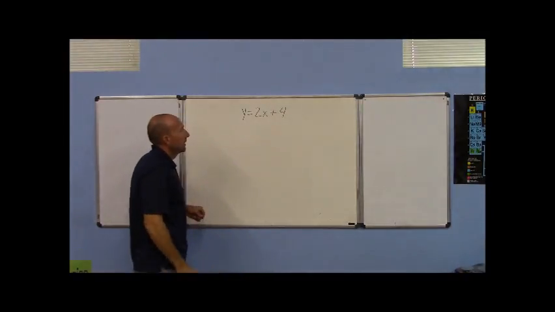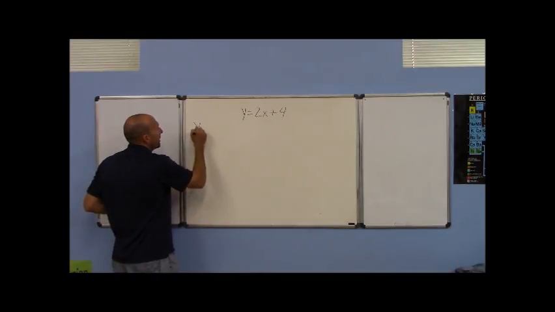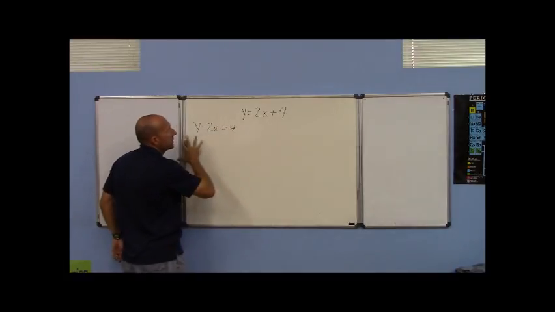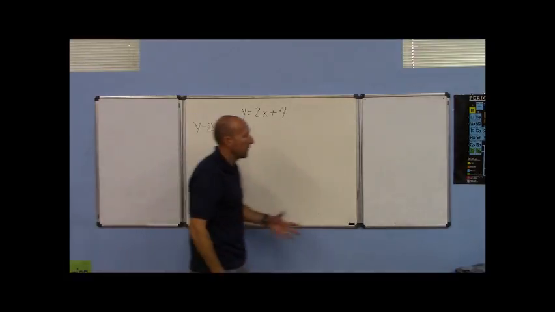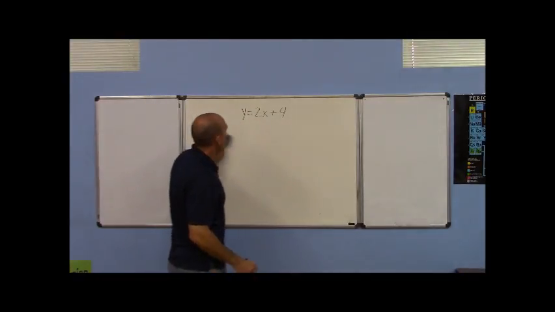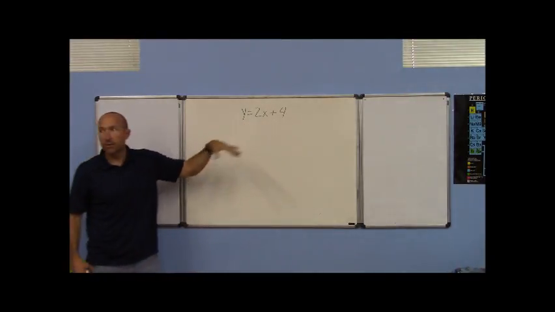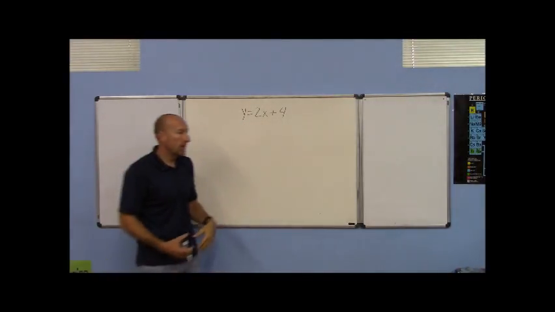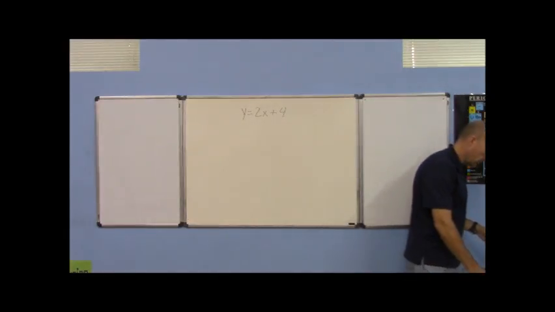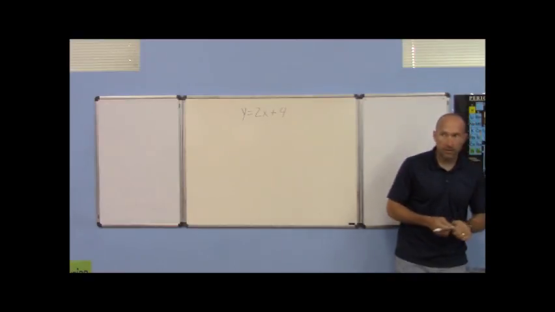We were originally given where y minus 2x equals 4, and we changed it over to where y is by itself. When we move it over to this form, where y is all by itself with nothing attached, this is called what? Read your book real quick. What's it called? Page 105.